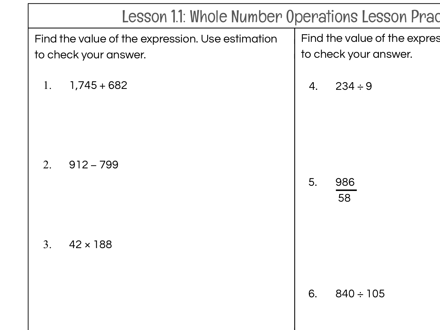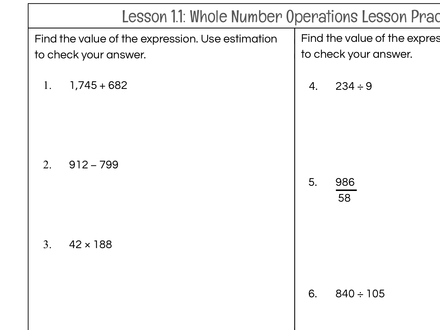When I find the value of the expression, that means answer. An expression is kind of like an equation, but it's missing the equal sign and the answer. An equation has an expression on one side a lot of times, and then an equal sign and then the answer. An expression is just the problem itself.